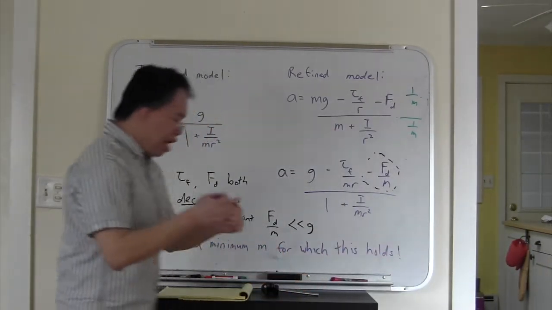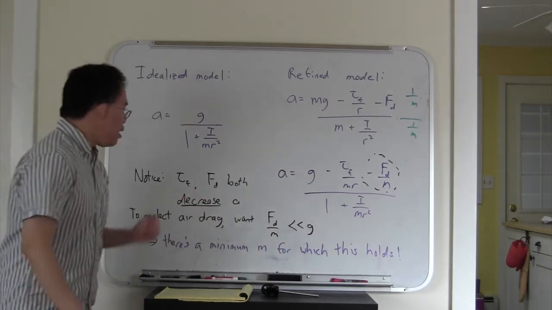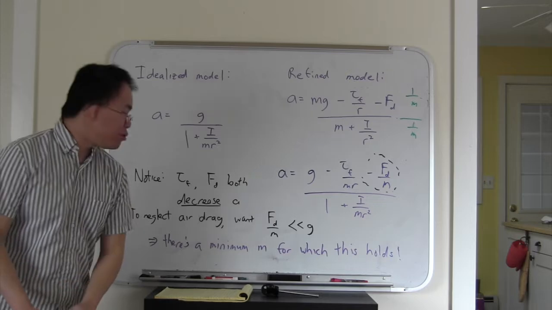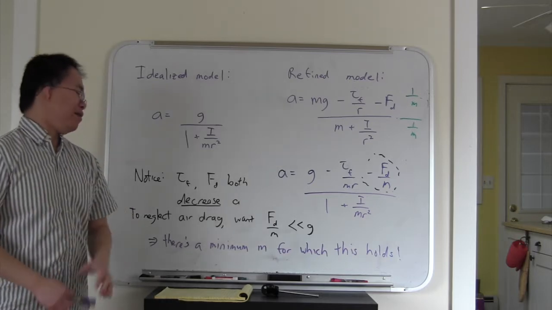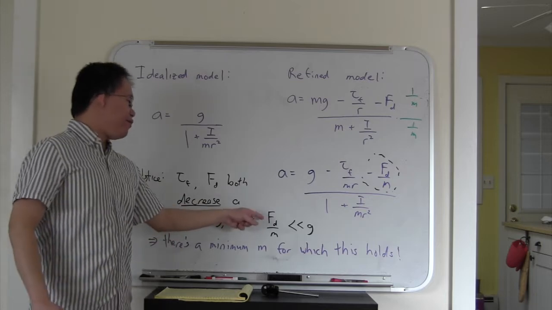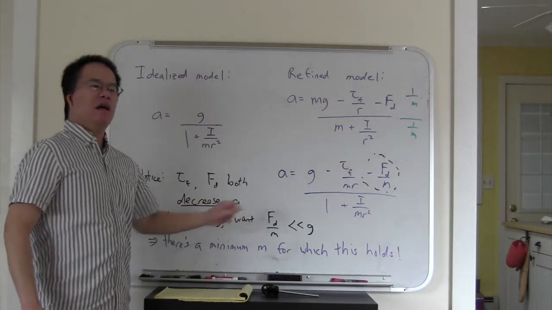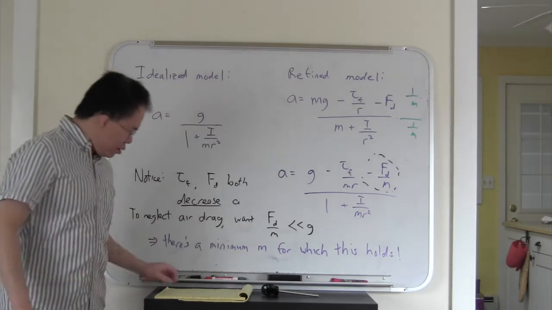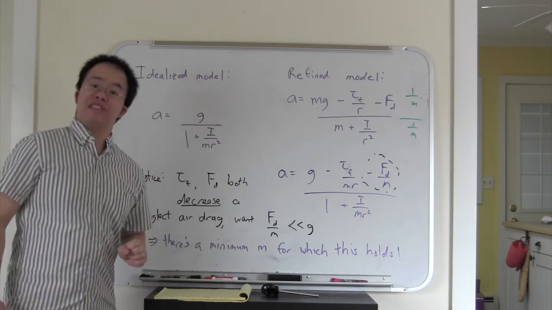There exists some minimum value of the hanging mass for which this will be true, and I'm going to ask you to go and find that. In order to do that, of course, we need to think of a way to estimate this air drag force, which we'll turn to in just a second.